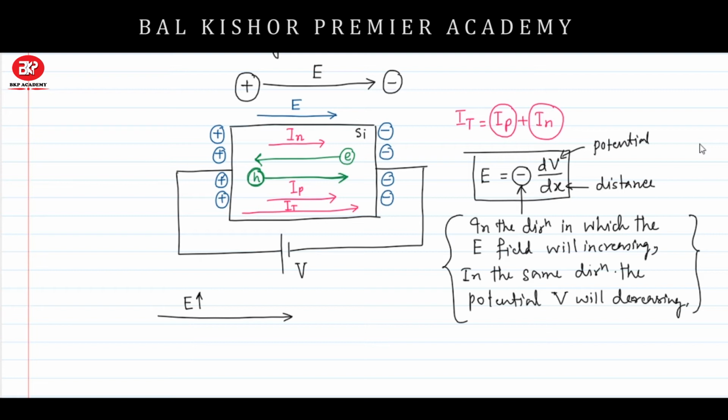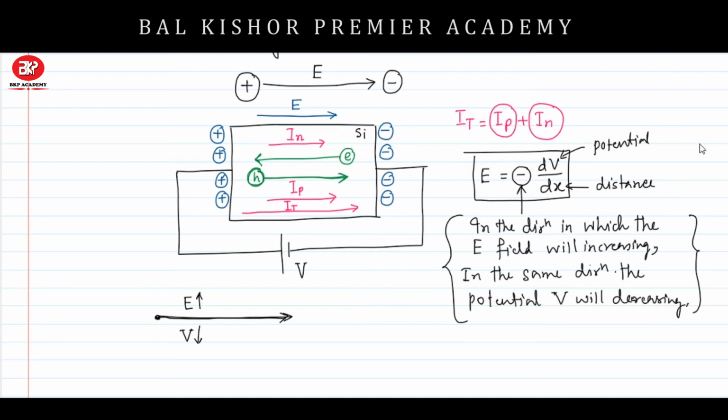Now if we measure the potential value in this direction, we will find that it decreases as we move from this point to the other point. That means in a direction in which the electric field increases, in the same direction the potential value decreases. This is the physical significance of this negative sign.